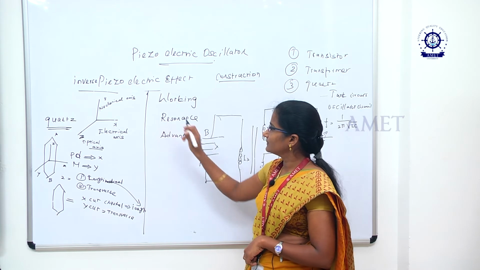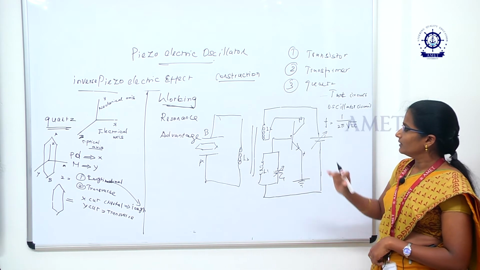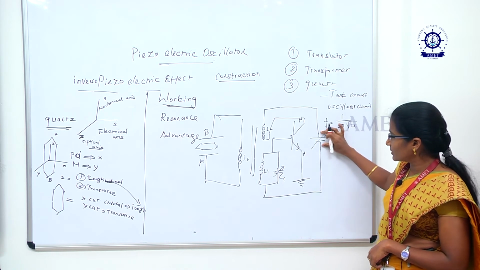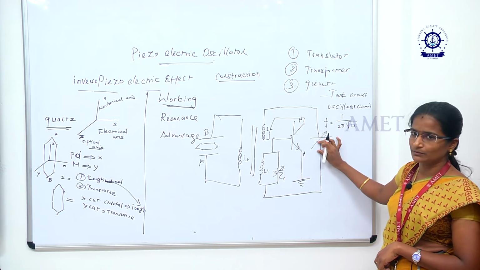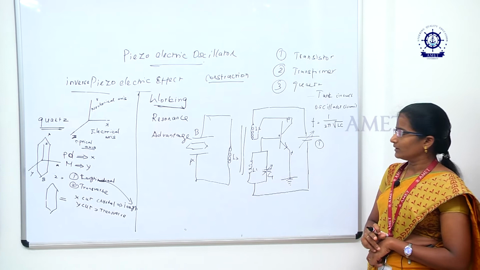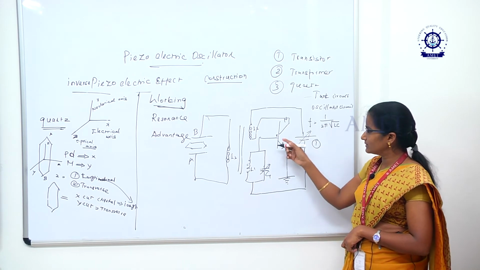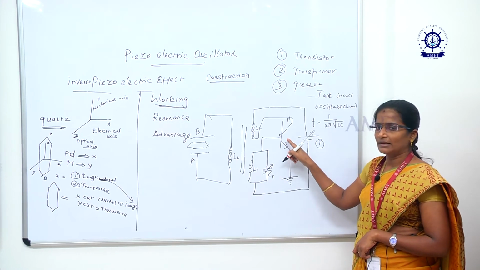The next topic is how the oscillator works. Initially we switch on the battery, which has positive and negative terminals. What occurs in the oscillator circuit? When we switch on the battery, current is produced by the transistor.